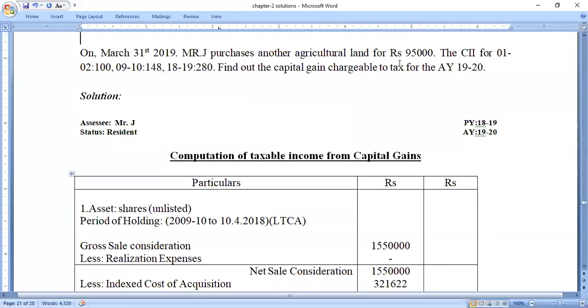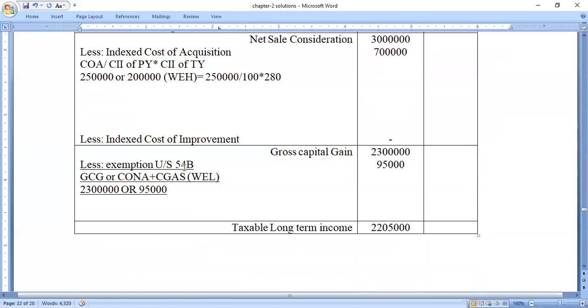That is, if he sells old agricultural land situated in the urban area, and within 2 years from the date of sale purchases new agricultural land, either in a rural area or in an urban area, you can claim the exemption under section 54B.